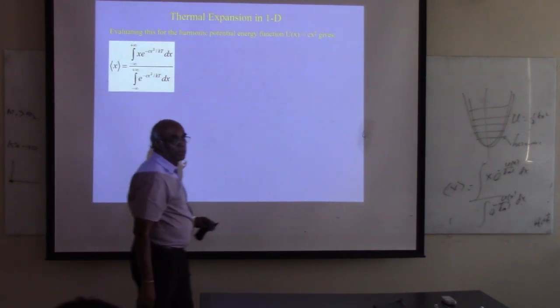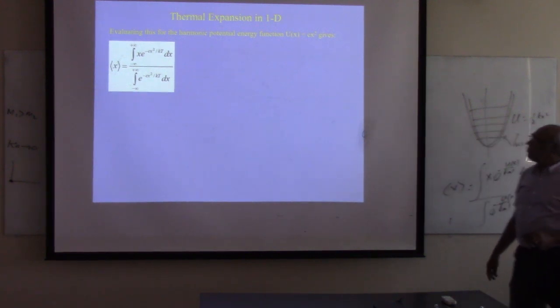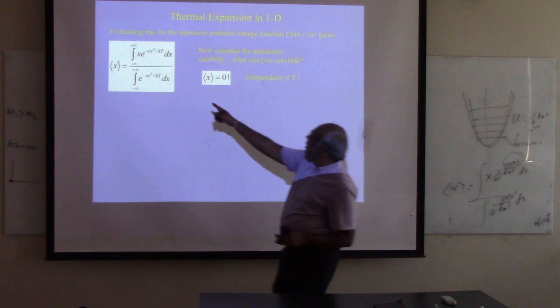If you calculate this, this number is 0. Do that integral. So what does that mean? That means for your average value, there's no expansion, right? That's because we assume the function to be a perfect, symmetric oscillator. The value is 0, and it also doesn't depend on temperature.